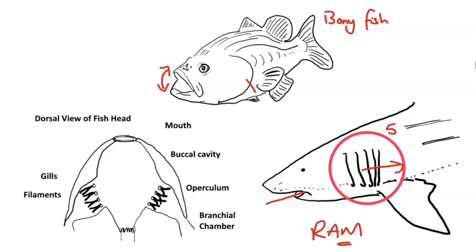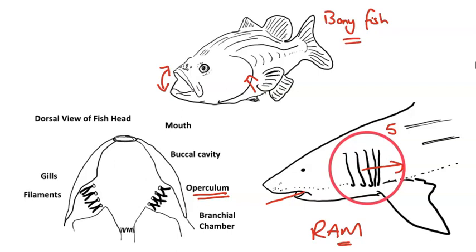In the teleost, they are covered by this structure which is called the operculum. So the shark needs to keep swimming, or it needs to hold position in a water current, in an ocean current, to maintain the ventilation across its gills. That is not the case for bony fish.